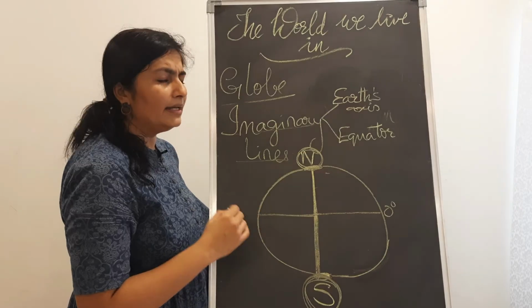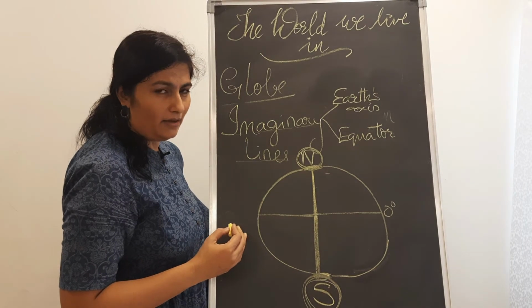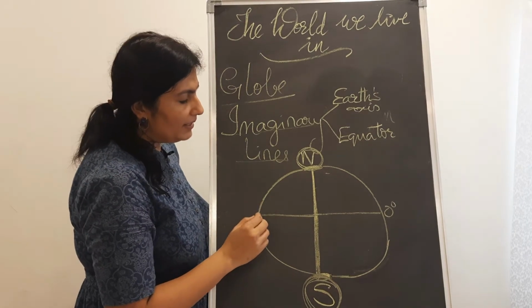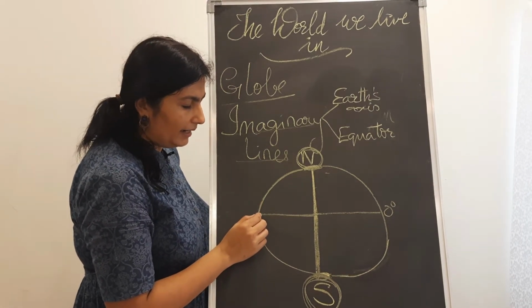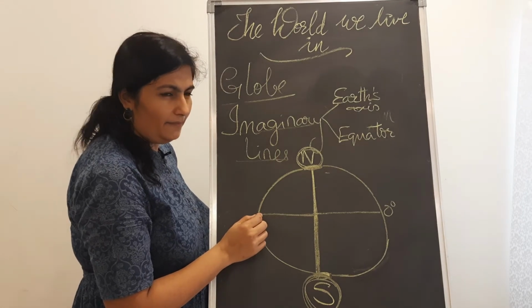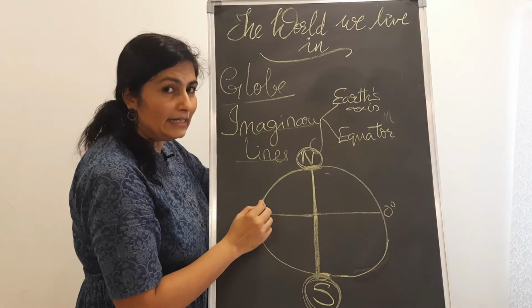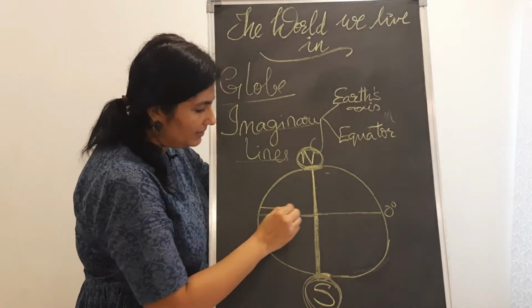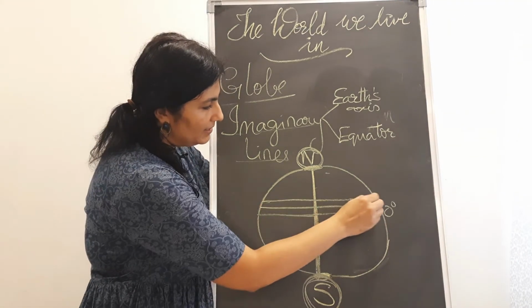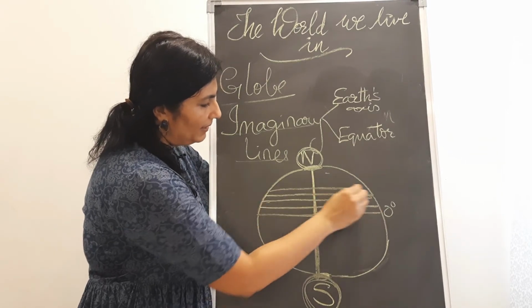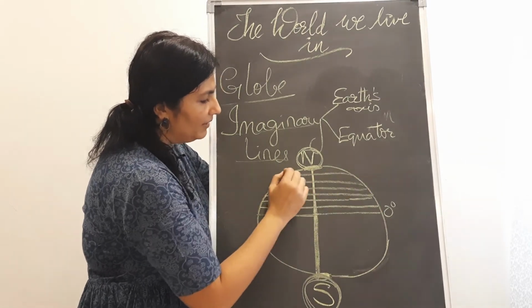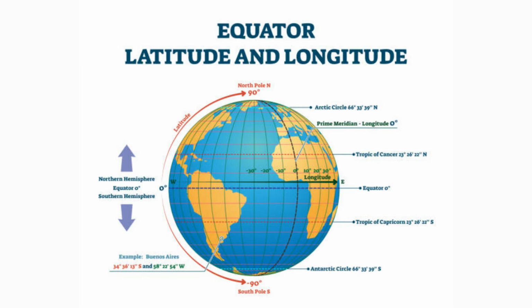Then there are more imaginary lines. Let's take a look. Just like the equator, there are more imaginary or parallel lines that the scientists draw to learn better about the earth. That is called parallels or latitudes.